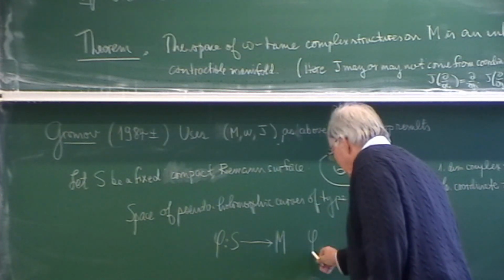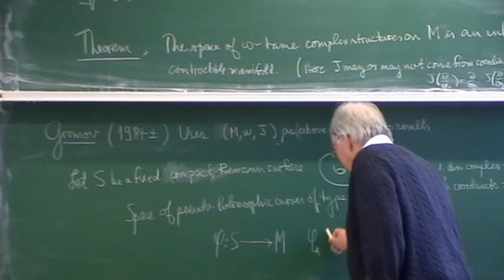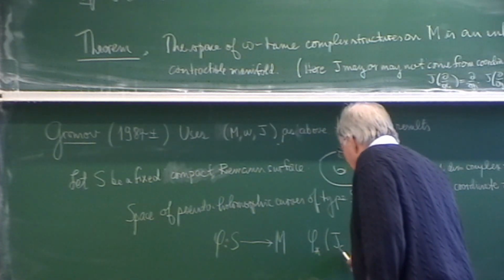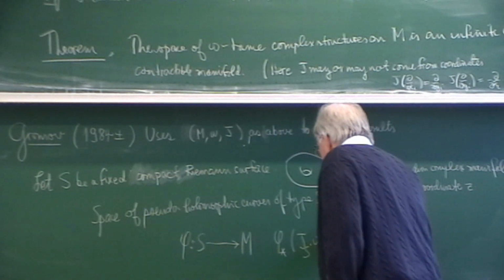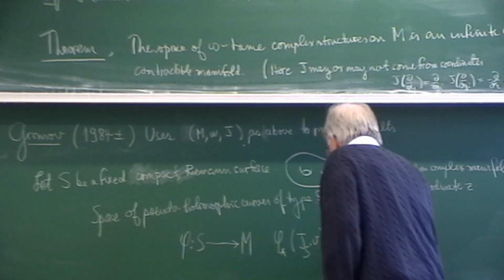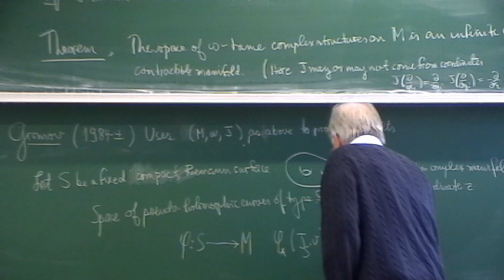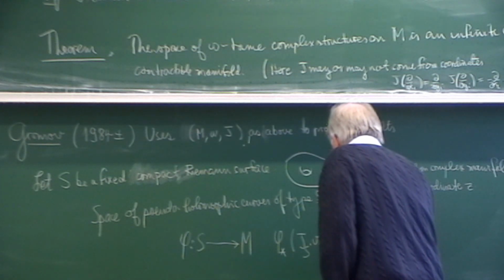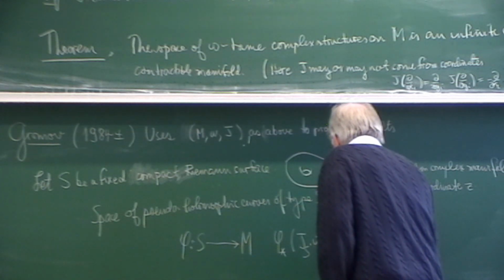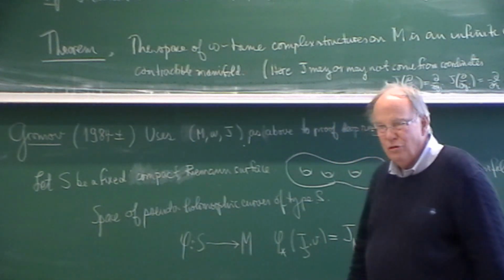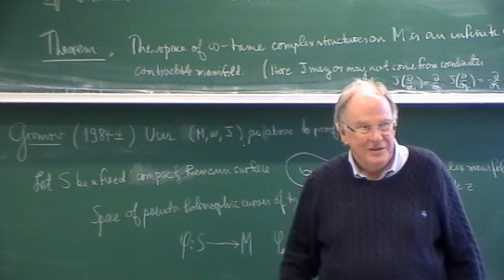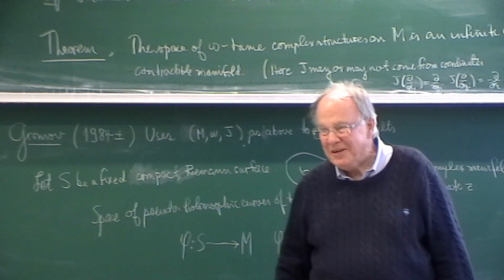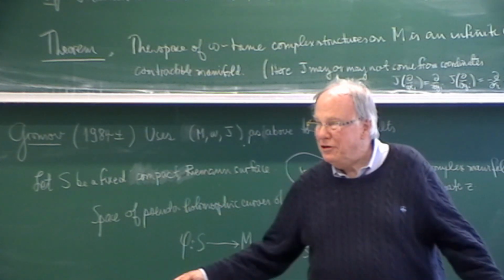And phi star of J, and I'll emphasize J, the holomorphic structure on S, is J_M of phi star of V. Isn't that the definition of holomorphic? The differential is complex linear. Isn't that the definition of holomorphic?